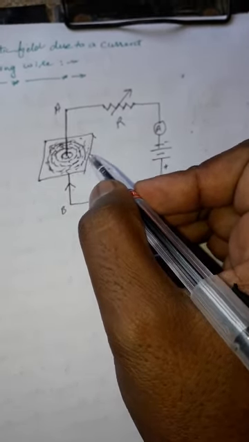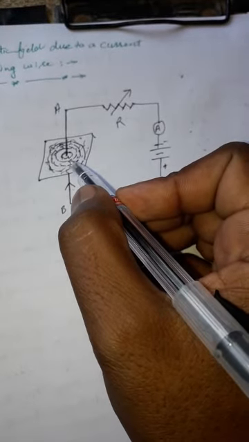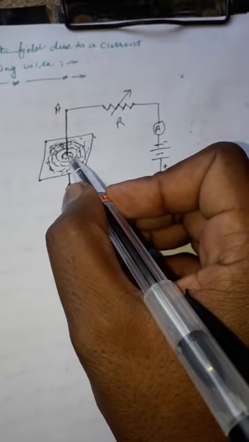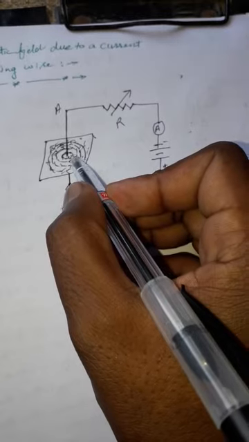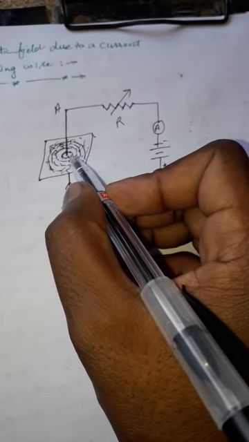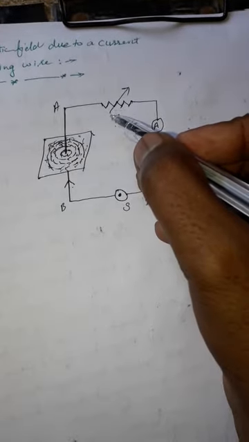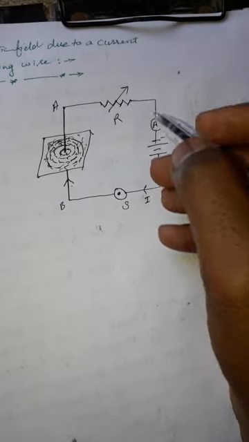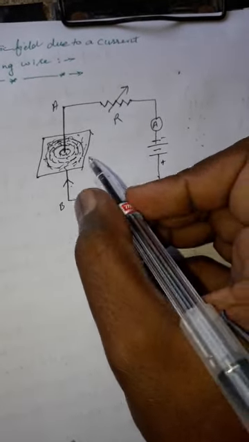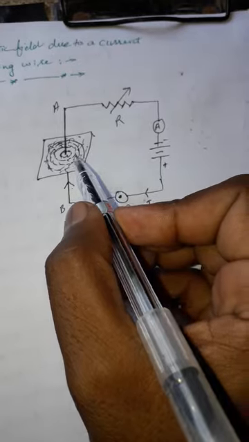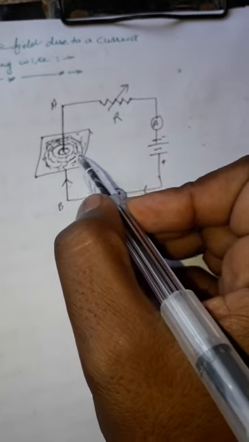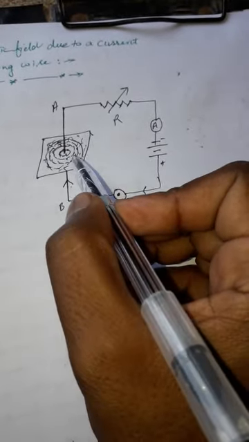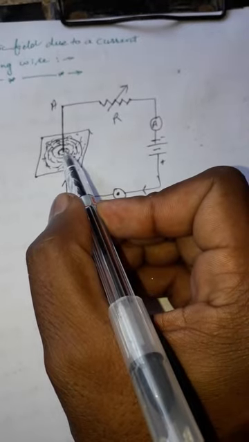Then the iron filings arrange themselves only up to a very small region, up to this small distance. Okay, and when resistance is decreased, it means current increases, so we observe that the iron filings from the whole of the board arrange themselves in concentric circles, so the field is strong.